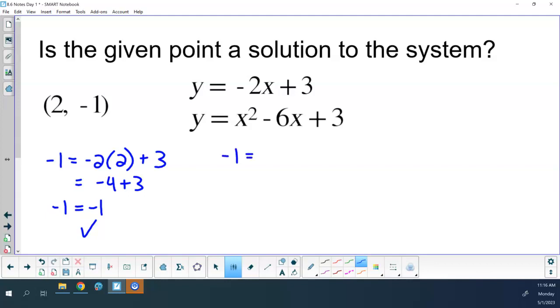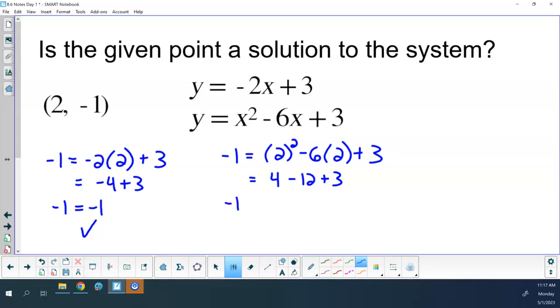Negative 1 would equal 2 squared minus 6 times 2 plus 3. 2 squared is 4. 6 times 2, 12. Negative 4 minus 12, negative 8, plus 3, negative 5.